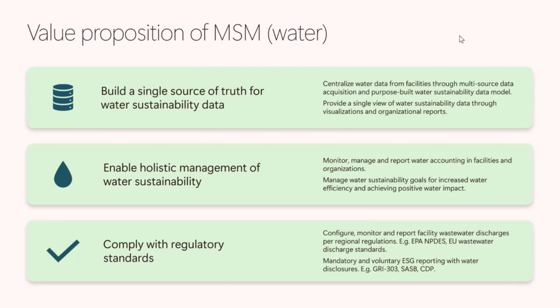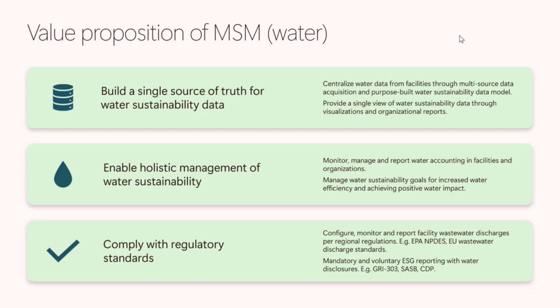As you know, the water sustainability data or water quantity data comes in from different sources. It could be invoices, Excel sheets, or paper-based measurements. What MSM does is it enables water data from all your different facilities to come into one place, into a single purpose-built water sustainability data model.